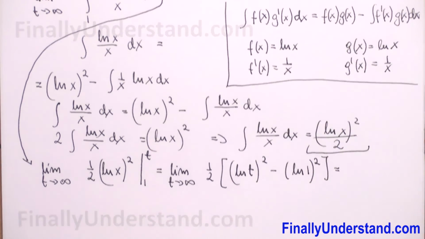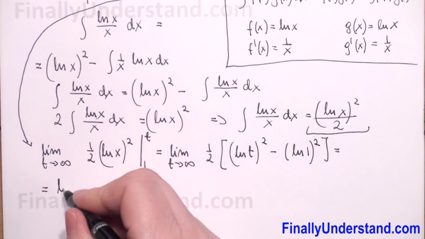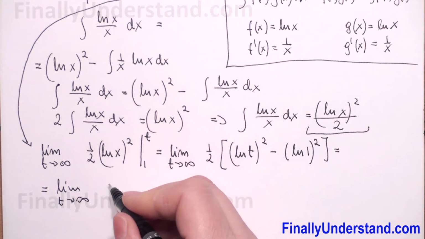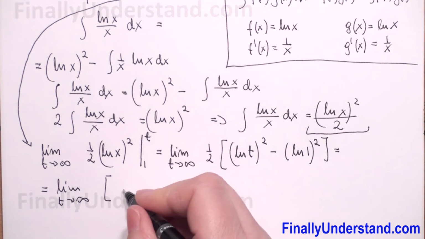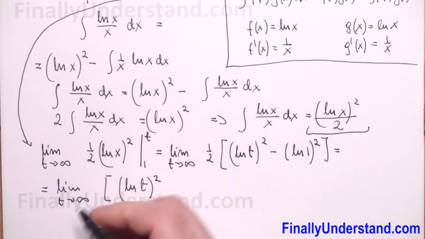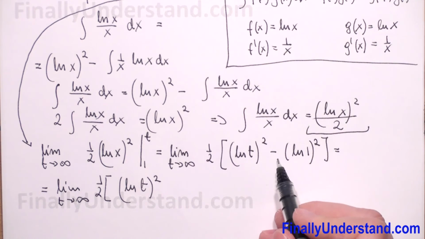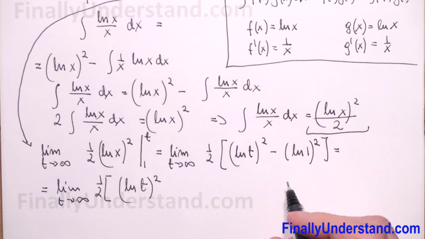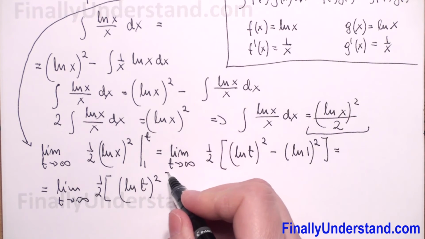So this is equal to the limit t goes to infinity, and in brackets we have natural logarithm of t to the second power, of course 1/2 we have, minus natural logarithm of 1 is 0. 0 squared is 0, we don't have to write.